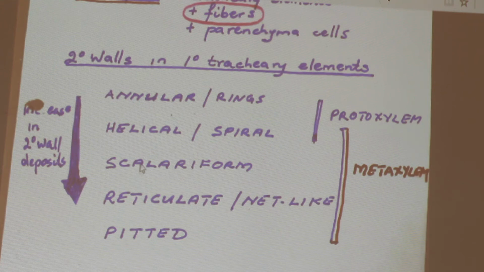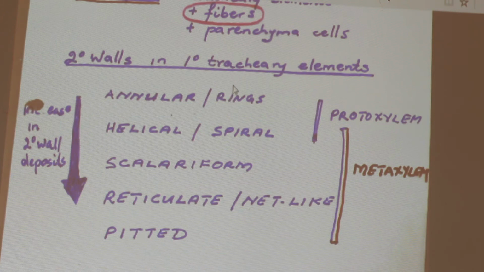When it is scalariform, the rings are tighter, and when it is reticulate, it is so tight that we no longer can see the rings, but we just see a net. And when it is pitted, we find that the whole wall is solid, it is hard, except for the holes that remain on these walls.